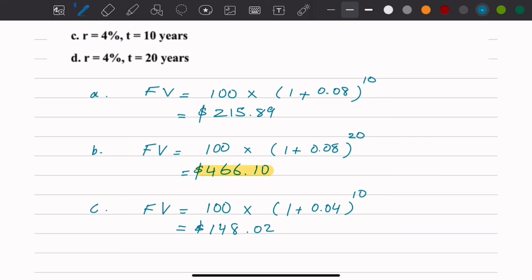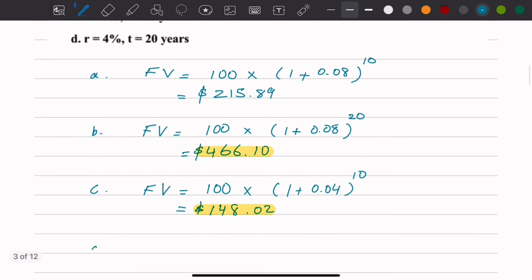Okay, and that's the answer for part C. So if you invest $100 at a rate of return of 4% for 10 years, your investment is going to grow to $148.02. Okay.